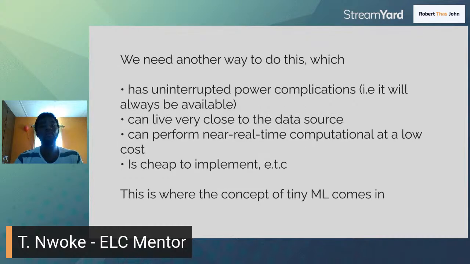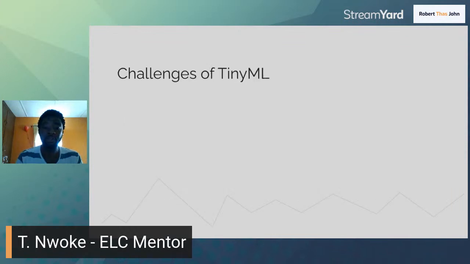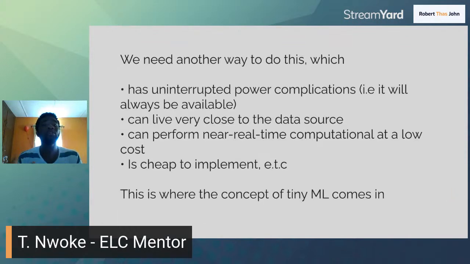So the question becomes, we need another way to do this, which has uninterrupted power. That means if you have power outages and that camera cannot be powered, there's no point of the camera being there anyway. Then you want the camera to live close to the data, which is where that action or event is happening, and be able to process it in near real time.